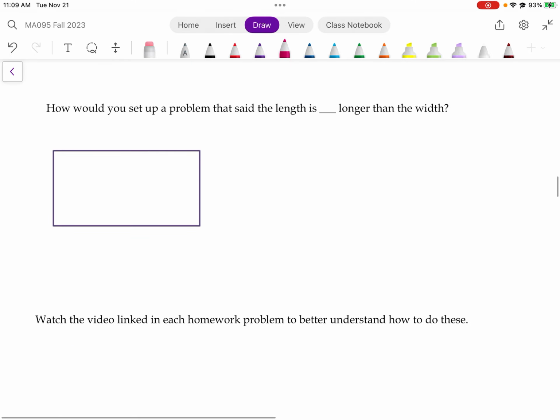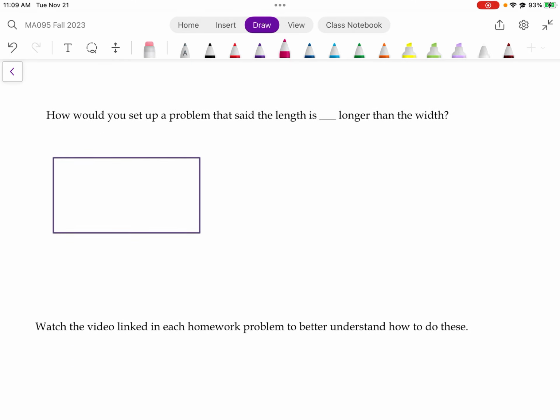So how would you set up a problem that said the length is blank longer than the width? All right, so we said that this was the length and this was the width. But let's just say that the length is maybe 2 inches longer than the width, 2 feet, whatever it is. So then we would say that the length is 2 plus W. And now for the area or the perimeter, you could just plug in this instead of L and solve the problem.